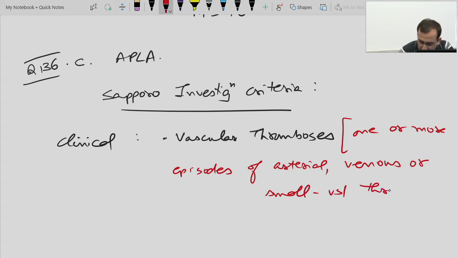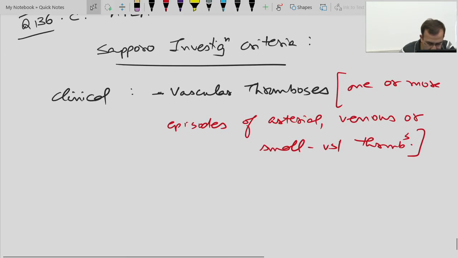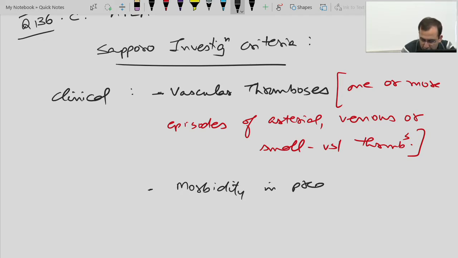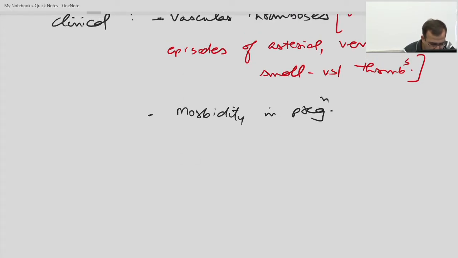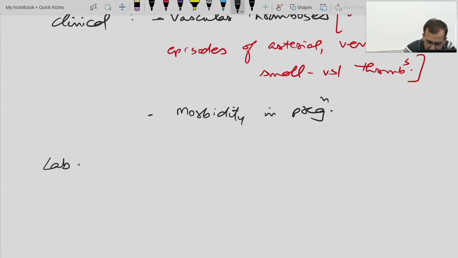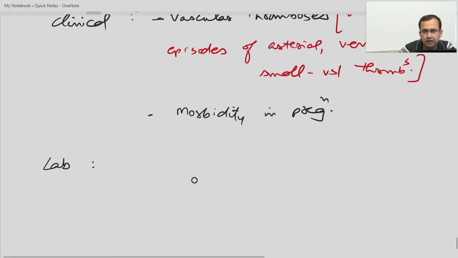Next, it is also associated with morbidity in pregnancy. You very well know that APLA increases the risk of abortions in females. So clinical was vascular thrombosis and pregnancy morbidity.